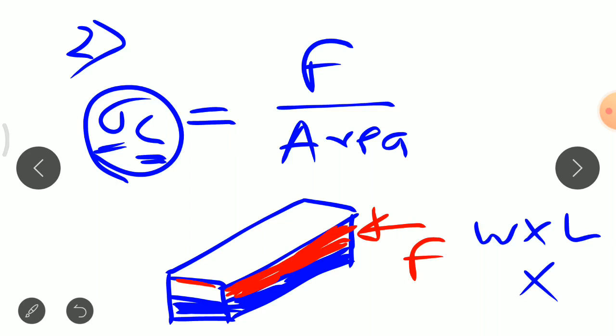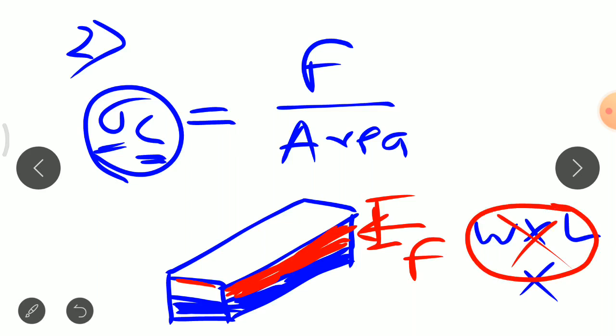So we have to take only that area, the red section, and that area is not equal to W into L. For that purpose, we write this section as t, that is thickness of key, and the half portion is t by 2.